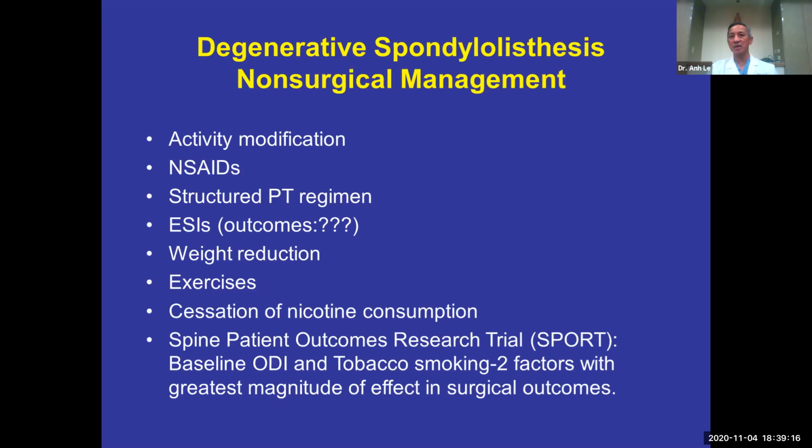That is because when you bend forward and put your spine in kyphosis, it opens up the central canal. So the treatment of spondylolisthesis includes activity modification, anti-inflammatories, structured physical therapy, weight reduction, cessation of nicotine consumption, and we also use epidural steroid injections.